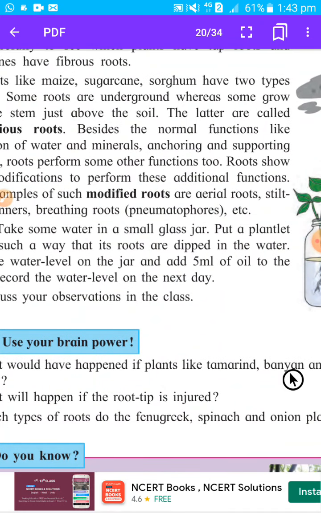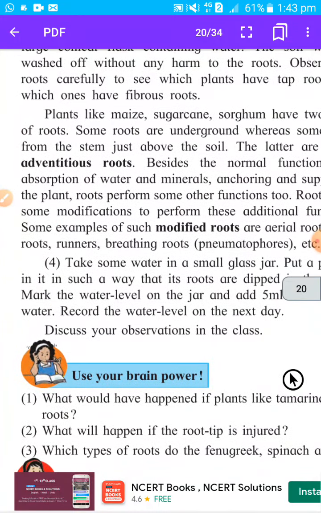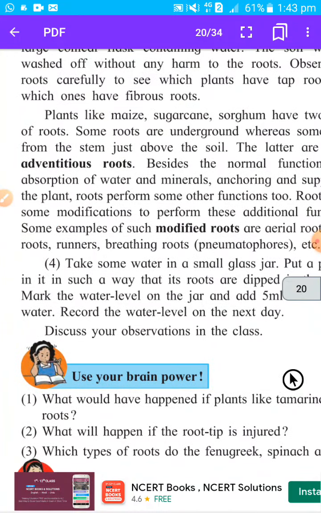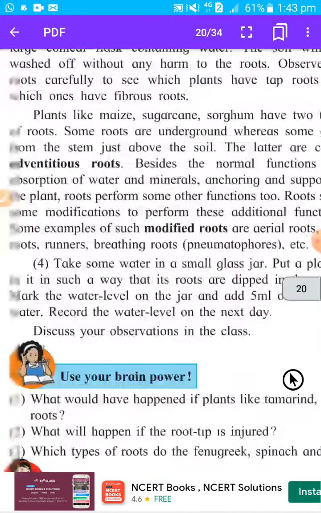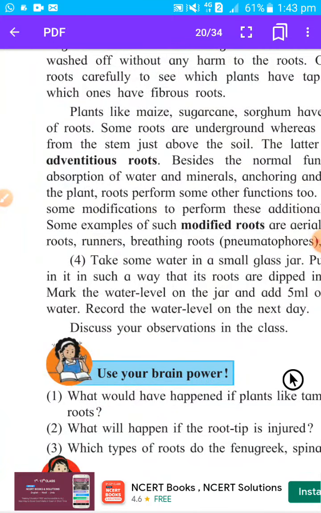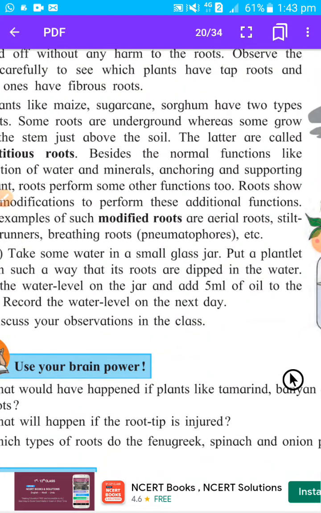What is the normal function of the root? To absorb water and minerals from the soil. Roots show some modifications to perform these additional functions.